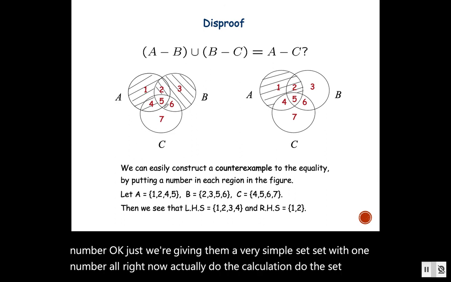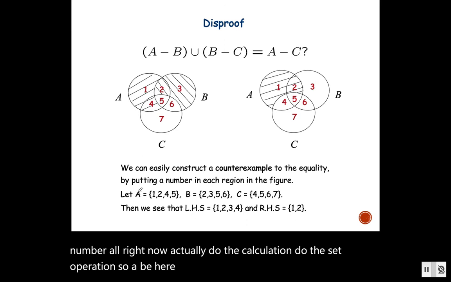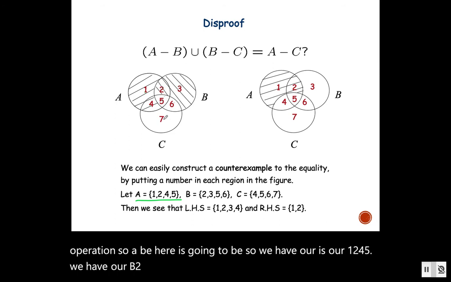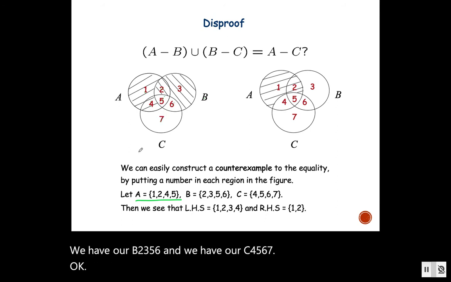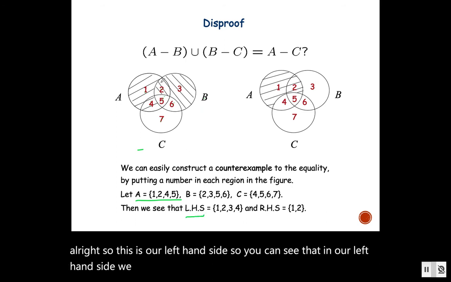So we have our A is 1 2 4 5, we have our B is 2 3 5 6, and we have our C is 4 5 6 7. So this is our left hand side.